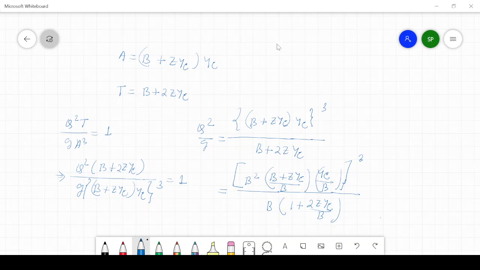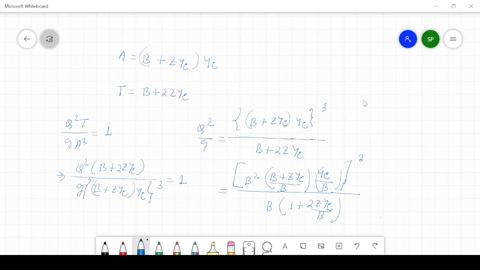So now B square, so from here B to the power square whole cube, B to the power 6 by B, that means it is B to the power 5.